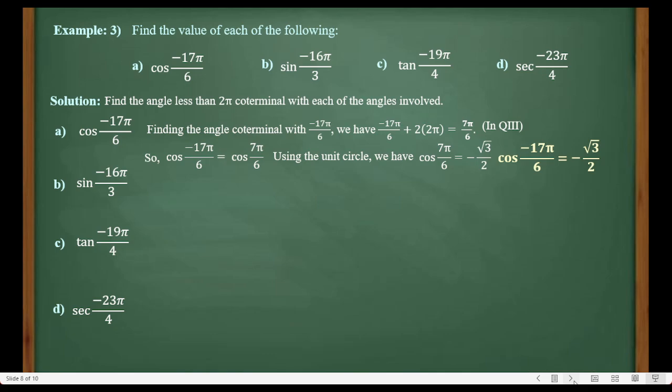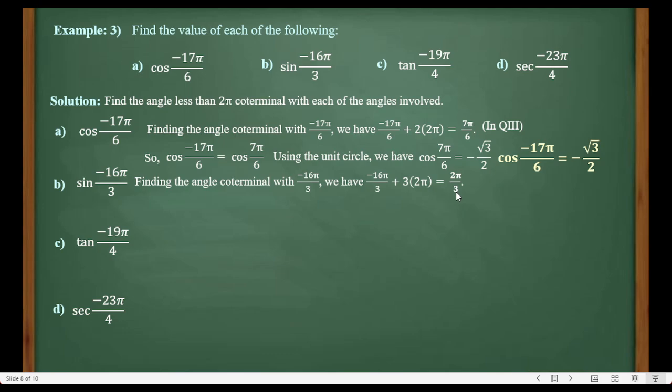Therefore, the given trigonometric expression is equal to negative square root of 3 over 2. Now, what about letter B? Finding the angle coterminal with negative 16 pi over 3, you're going to add 2 pi three times, and you will obtain an equivalent angular measure less than 2 pi.